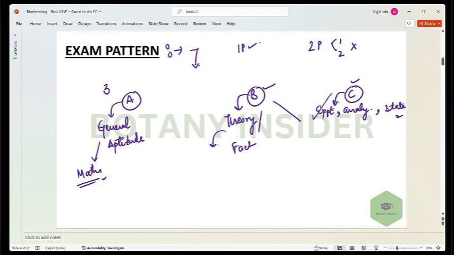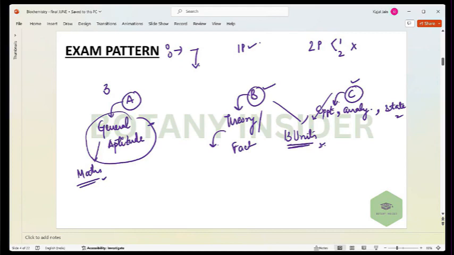The questions asked in these two segments are from the 13 units that we have in the entire syllabus. And this is more of your general aptitude kind of thing, where we have very base level mathematics and very base level general science questions getting asked.